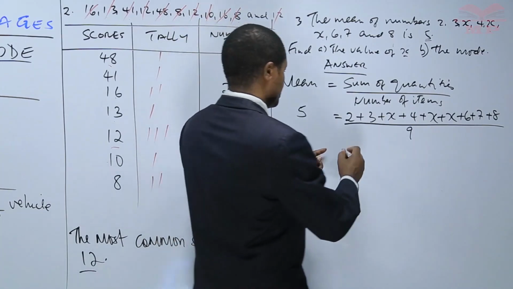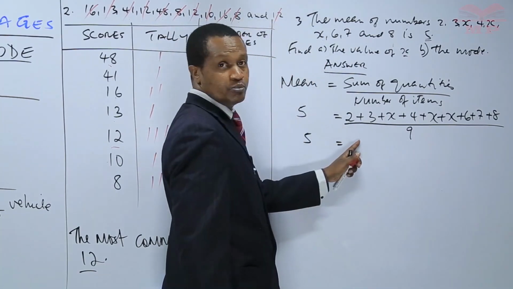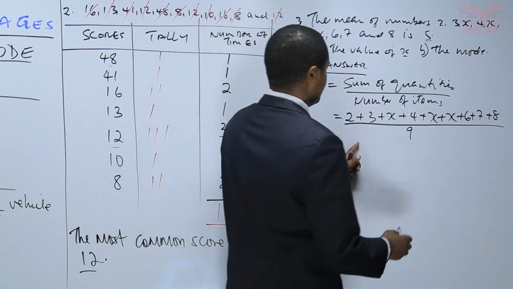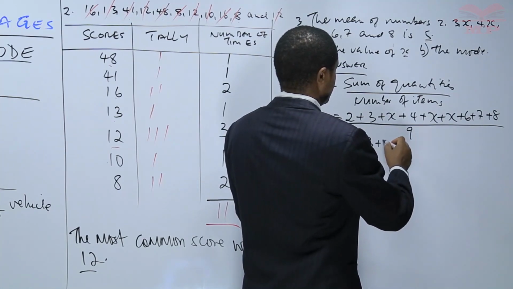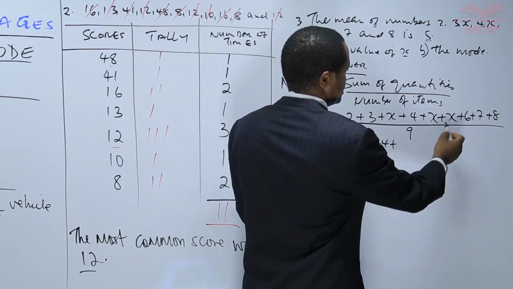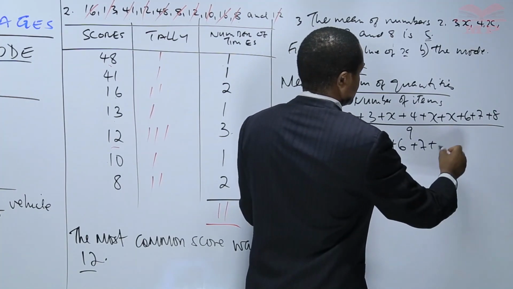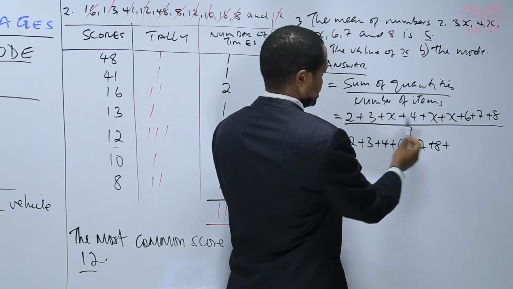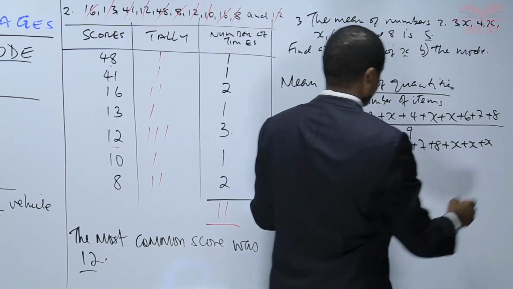So let us solve for x, and in solving for x we first collect the like terms. So we collect 2 plus 3 plus 4 plus 6 plus 7 plus 8. Then we have the x's, x plus x plus x.